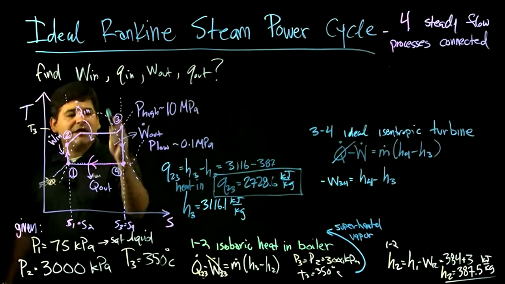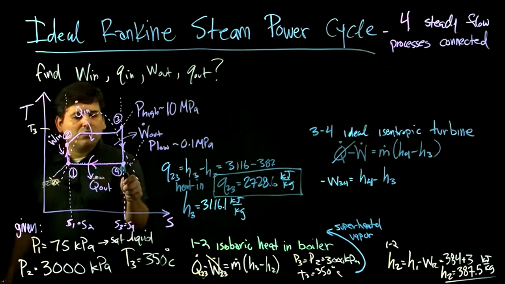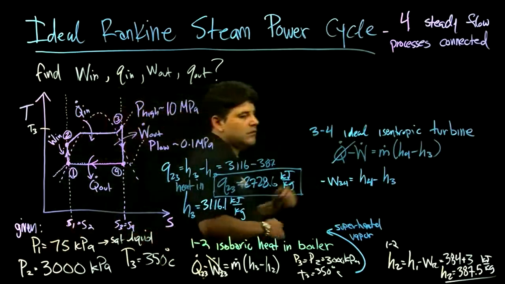The ideal case is an isobaric heat transfer out to change the phase. So we know that P4 equals P1.